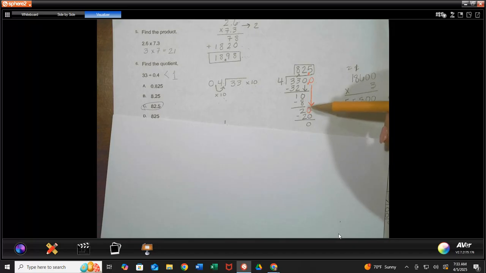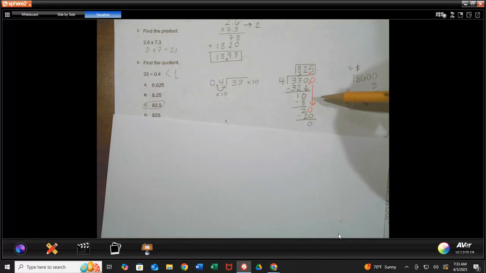But in order to do that, I'm going to have to put a decimal point behind 330, so I keep it that whole number 330, and then I annex a 0 in the tenths place so that I can bring it down and now divide 4 into 20 5 times. 5 times 4 is 20, so now I'm done. My answer is 82 5/10. So in red is what I had to annex to keep dividing, so I didn't have a remainder with a decimal number.